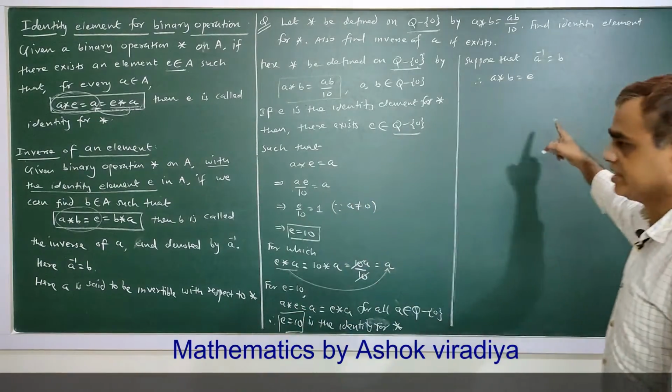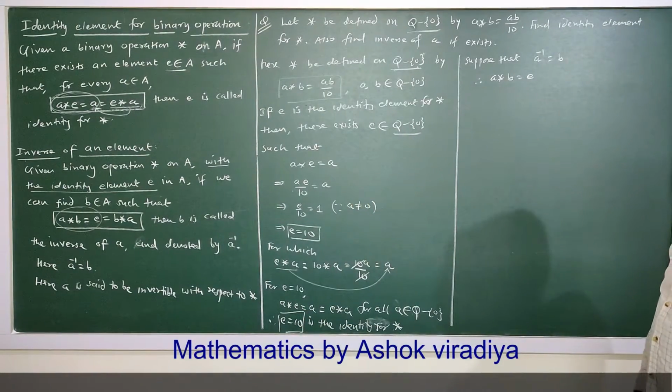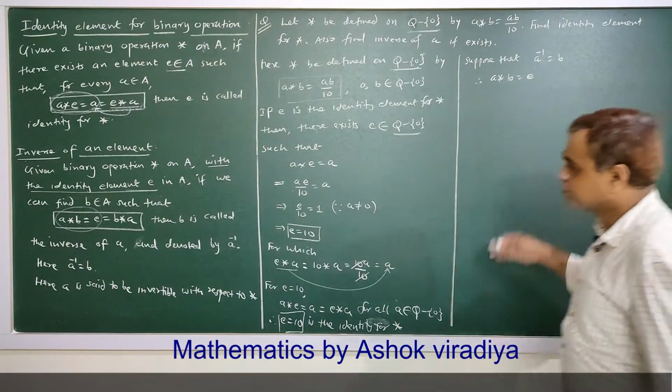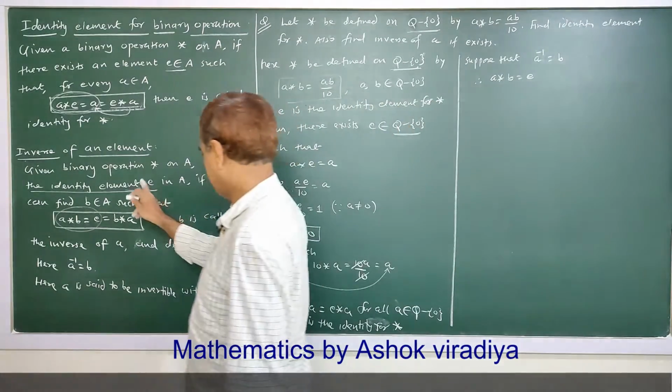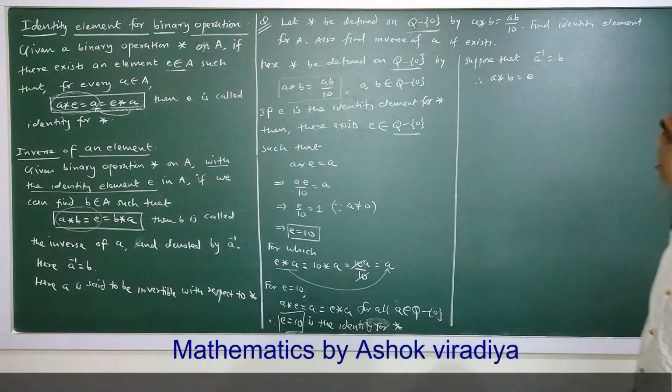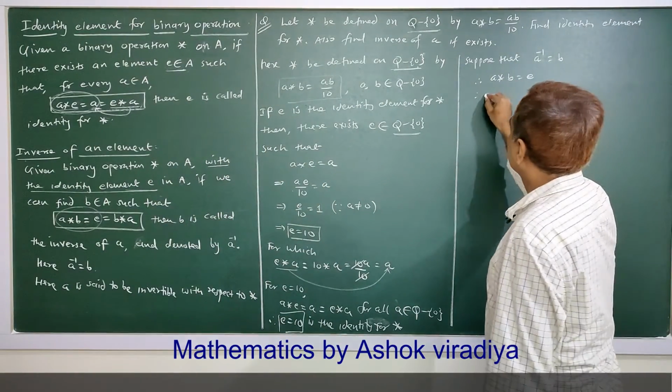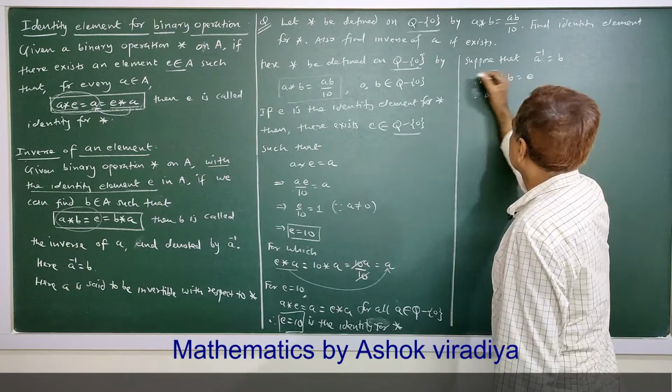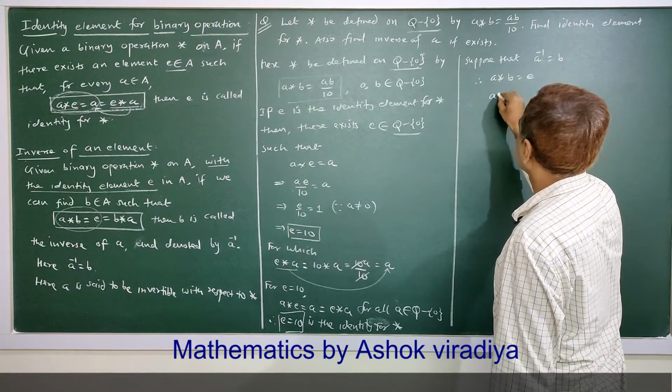So this will be used here. Now we are doing this procedure with the identity element E. So put E equal to 10. E is 10.